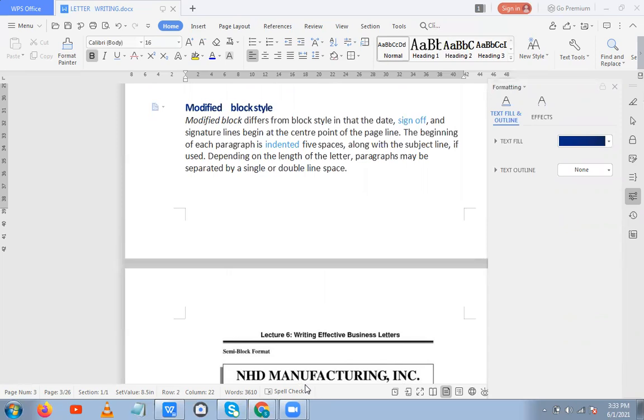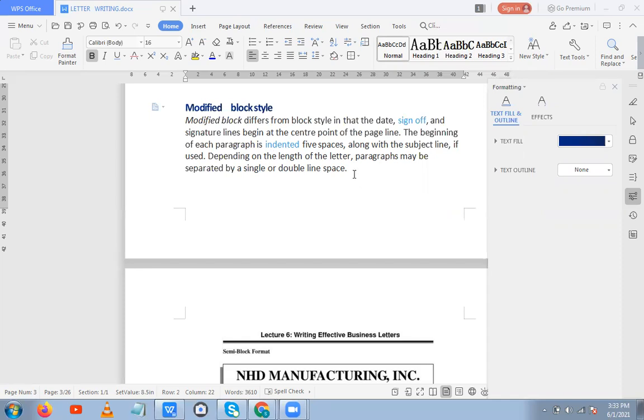The first one was block style. Now, how is this different from the block style? Modified block differs from the block style in that the date and sign off and signature lines begin at the center of the page line. You can say center or the right side.